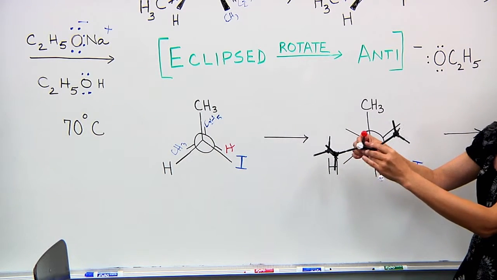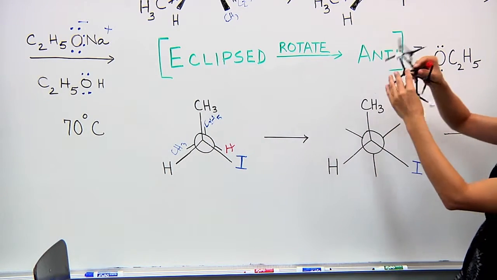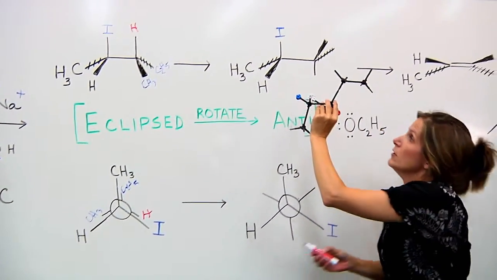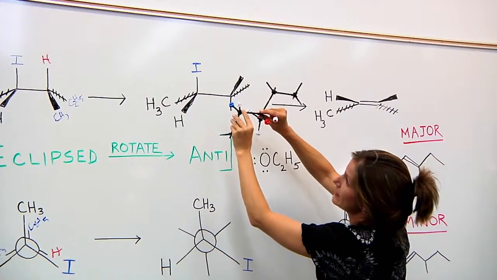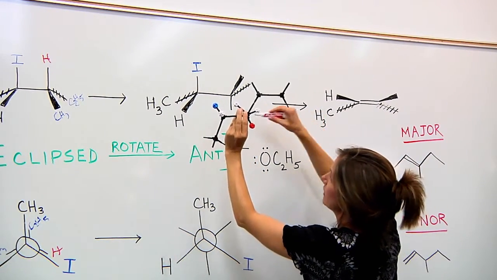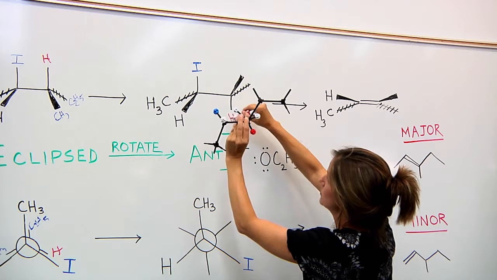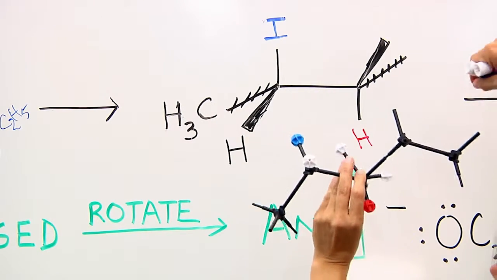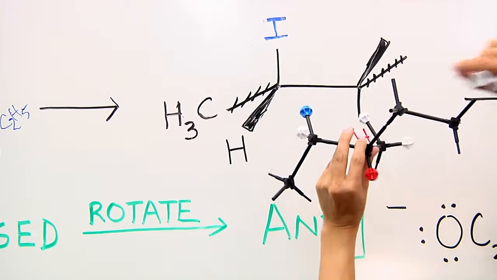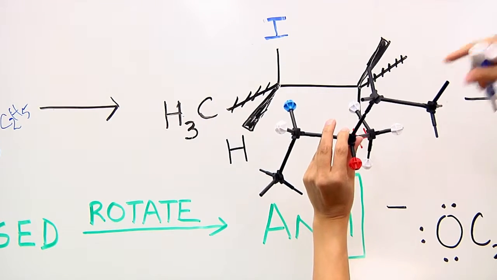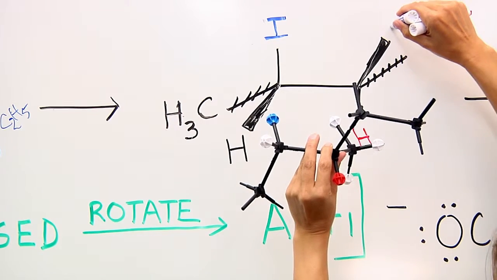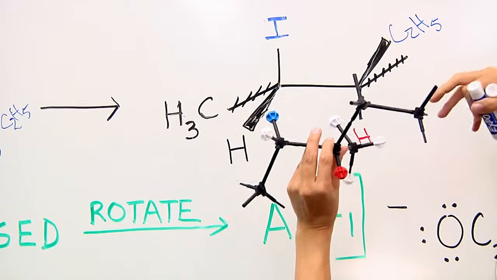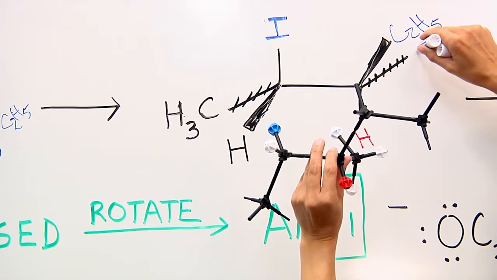So doing that, rotating that bond, again you can see using our model, we have the iodide at the top, and now we have that hydrogen in the anti-position where we want it. And we have now our ethyl group is coming out towards the front, and our methyl group is going towards the back.